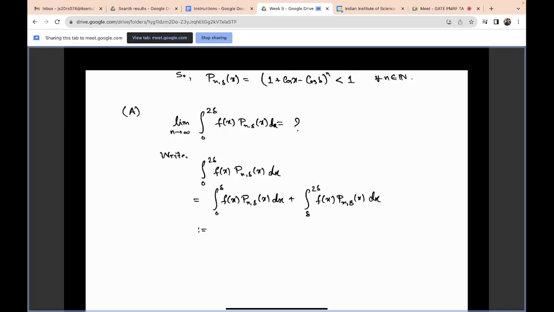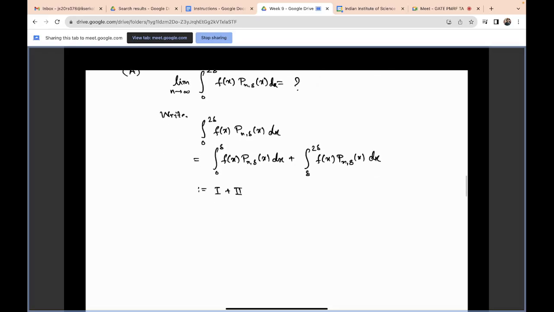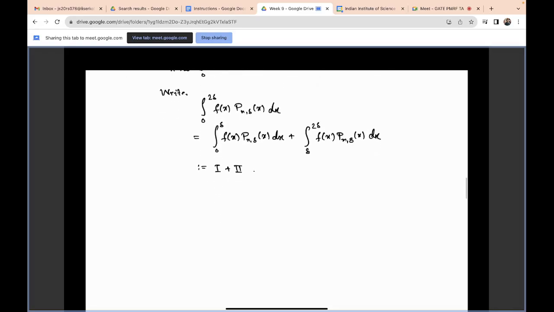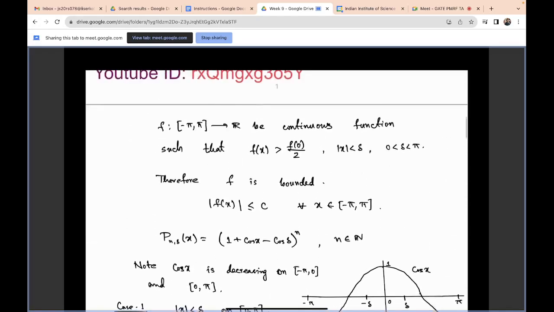Let me call this I1, and this I2. You know what the property of f is? We know that f(x) is bigger than f(0) in this region, right? So we'll use this one.